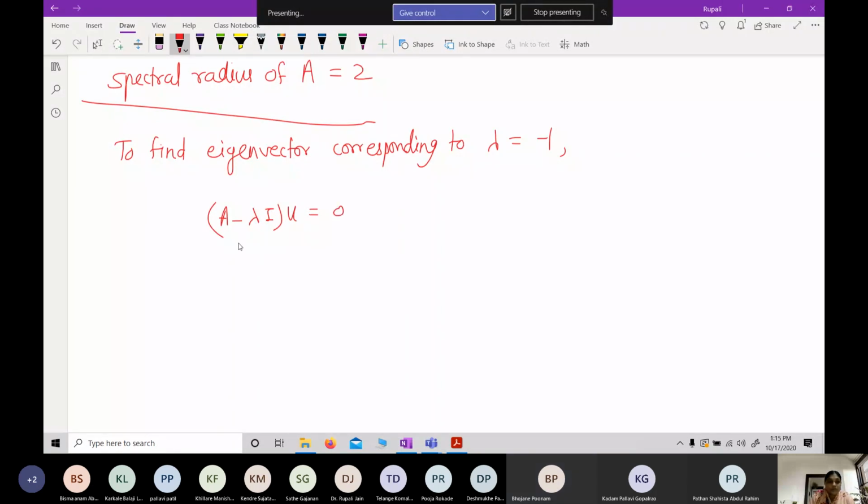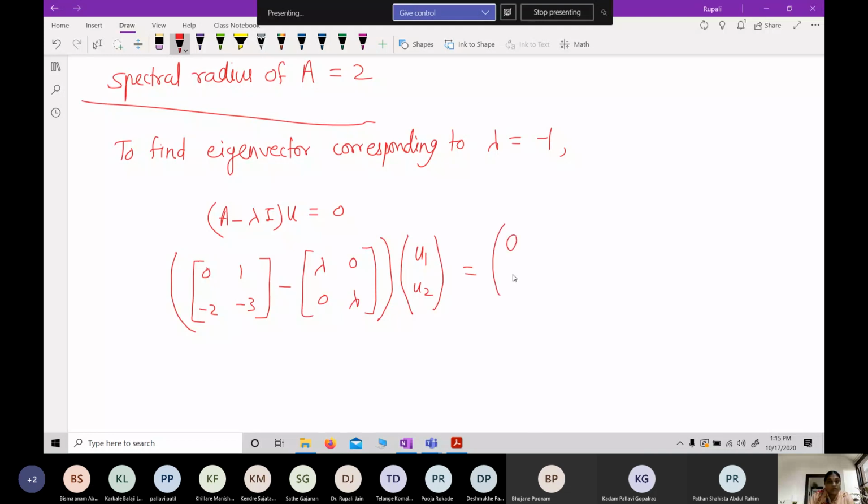So A minus lambda I, what is my A? A is 0, 1, minus 2, minus 3, minus lambda I. So lambda I means 0 lambda. So u you can say as u1, u2, which is equal to 0, 0.